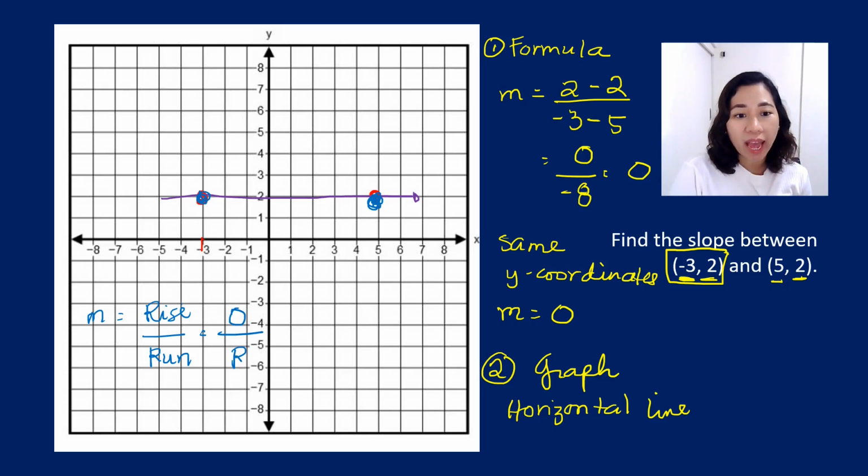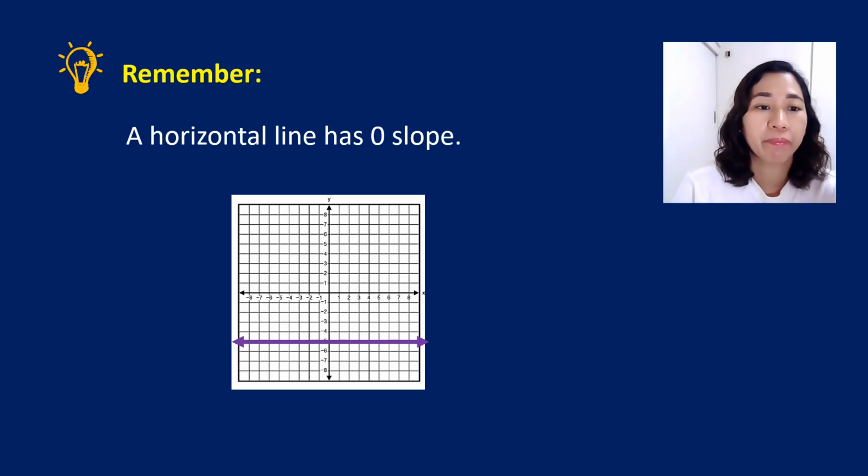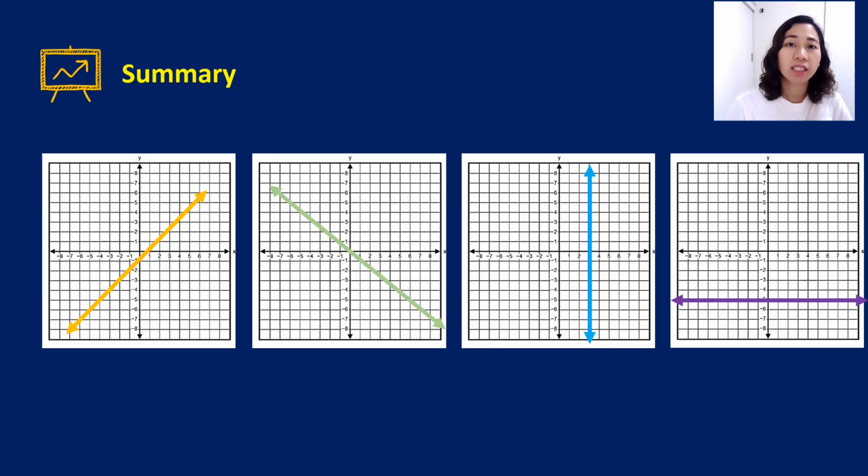But whatever that is, 0 divided by any number is equal to 0. Understand? So remember that a horizontal line has 0 slope.